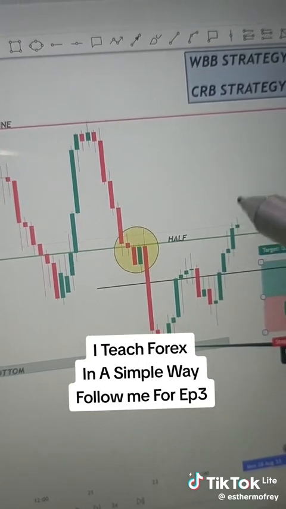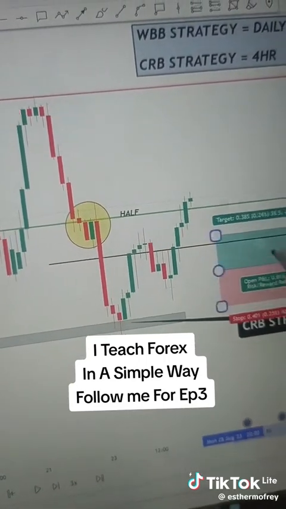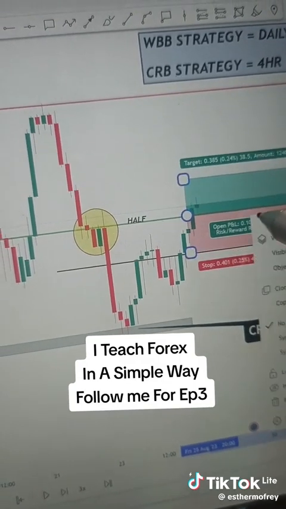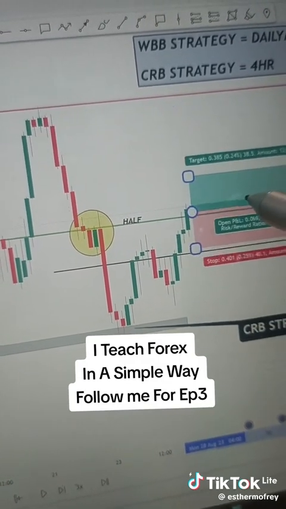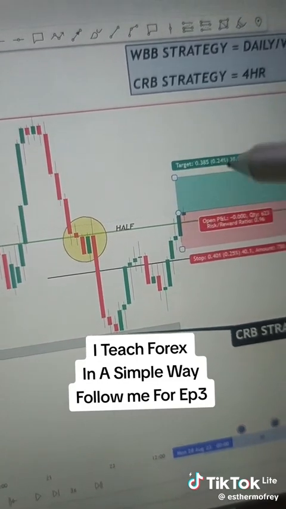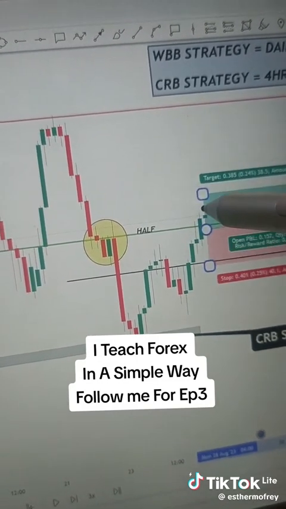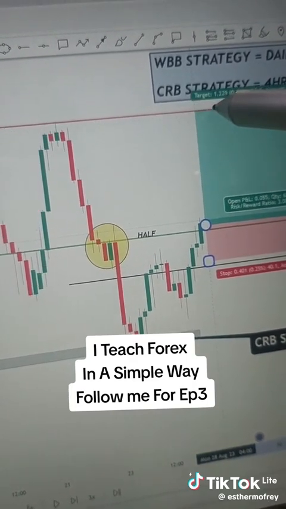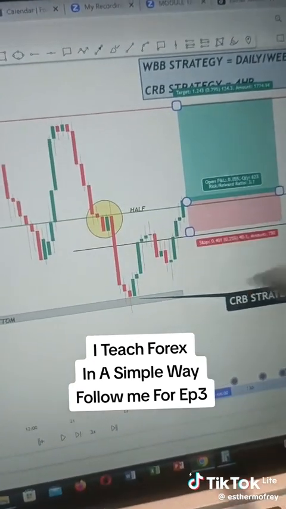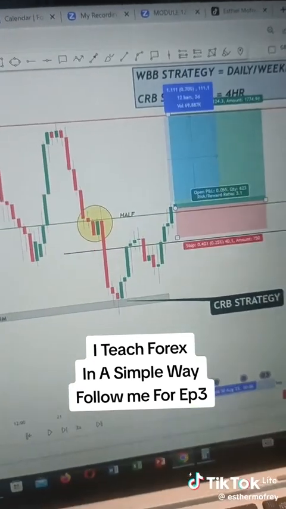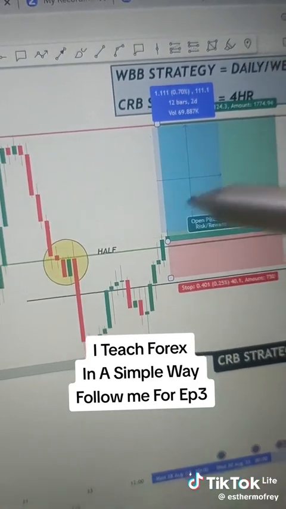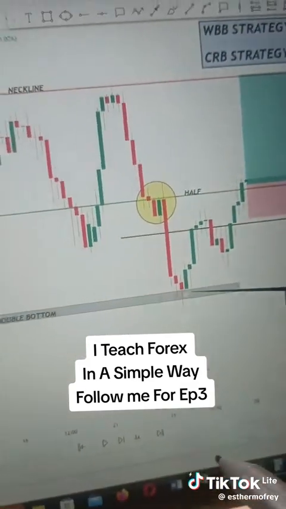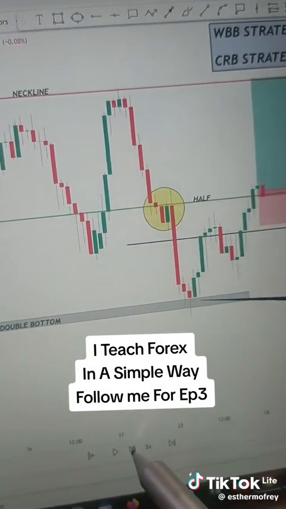So because it has broken our half, we are getting in. So this is us again up to the neckline. So we are targeting there. And we will count how many pips are there. How many pips? 111.